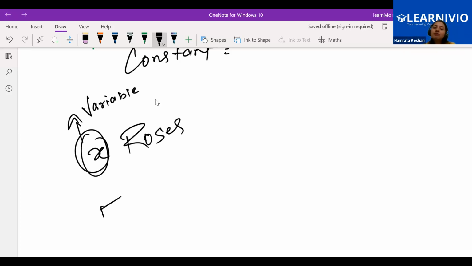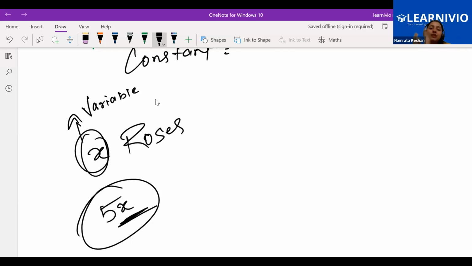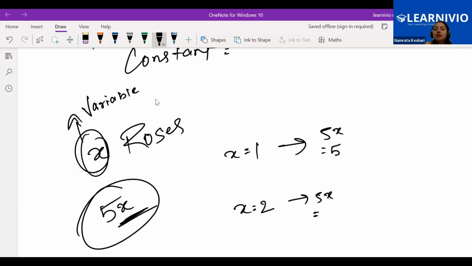But suppose tomorrow I tell you that there are 5x roses. Is 5x a constant? No, that's also a variable, because x can be anything, and 5 will get multiplied with everything. If x is 1, then 5x gives the result 5. If x is 2, then 5x gives 10.